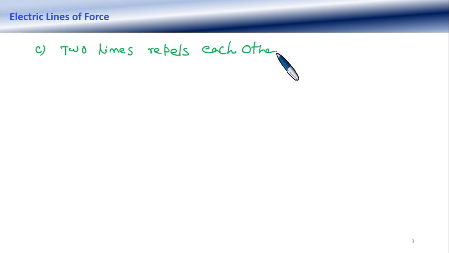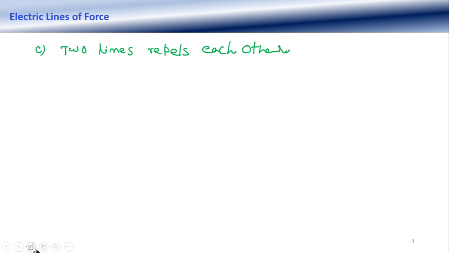So there is the next property, point C, that every two lines repel each other.